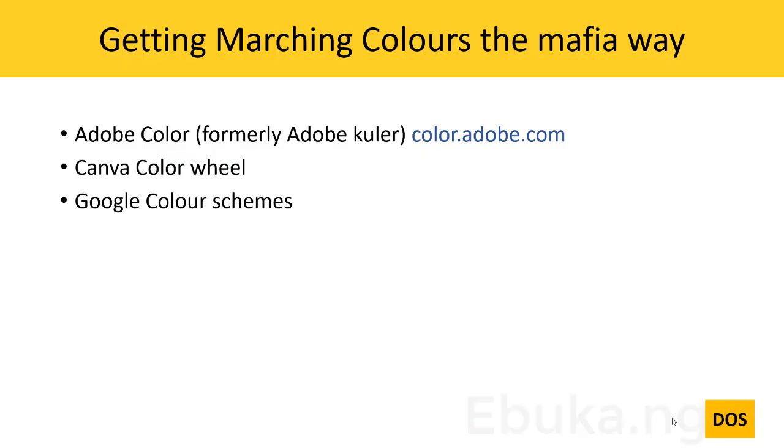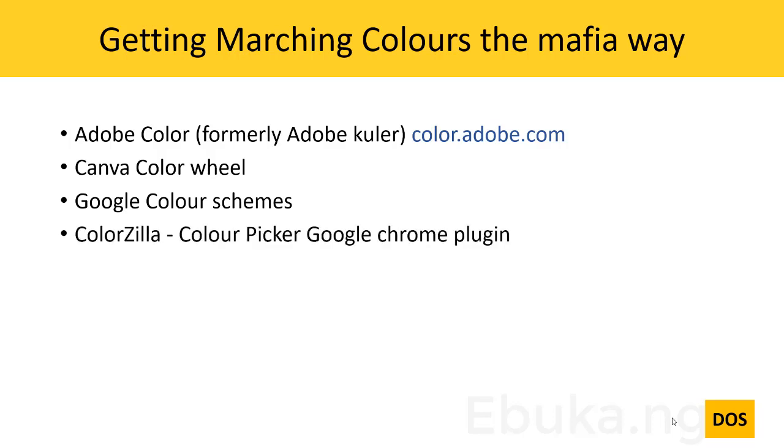Now, the last one I want to talk about, which is very, very important in this series, and has helped me a lot, is a Google Chrome browser extension called ColorZilla. It's a color picker Chrome extension, and I'll show you how it works.